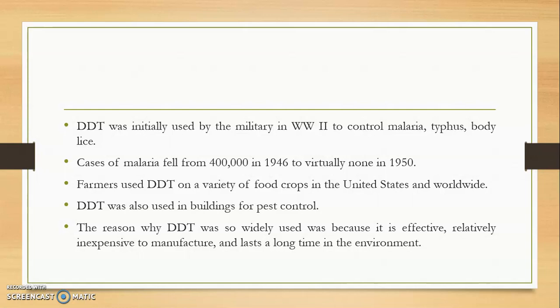That's why DDT is commonly and widely used as an insecticide as well as a pesticide. Now it is not used to control malaria because more effective drugs are available which can treat malaria.